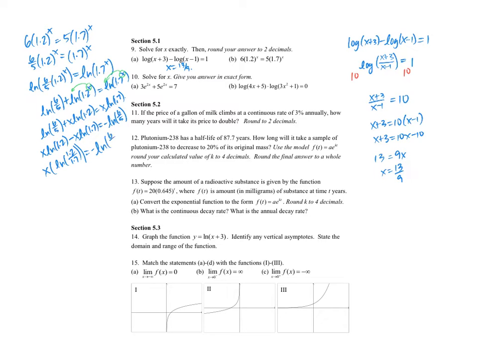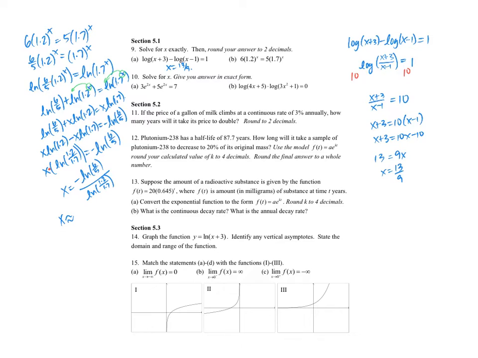And then I can divide, since this operation with this x and this natural log is multiplication, I can divide that over on both sides. So x is equal to negative natural log of 6/5 divided by natural log of 1.2 over 1.7. And you can't simplify that anymore, but you can get a decimal approximation for it if you want.